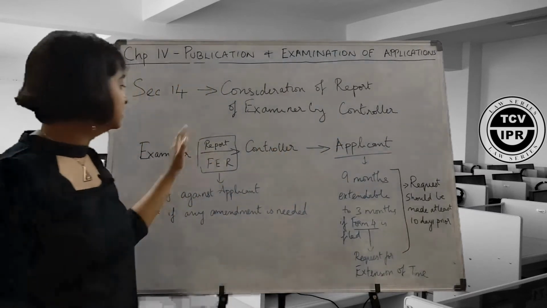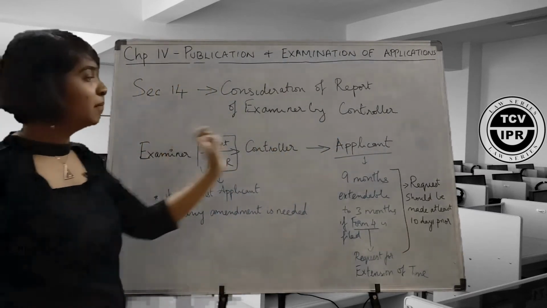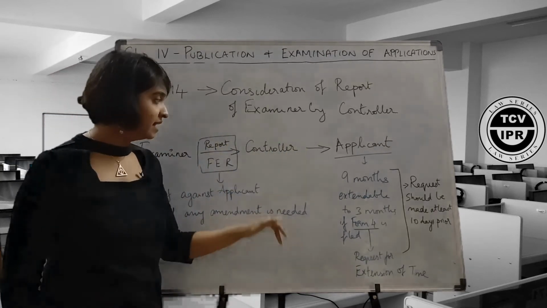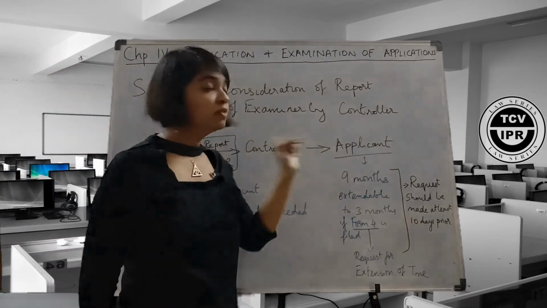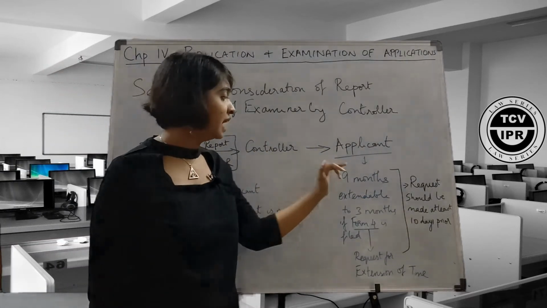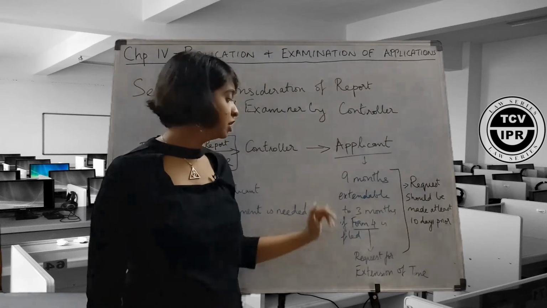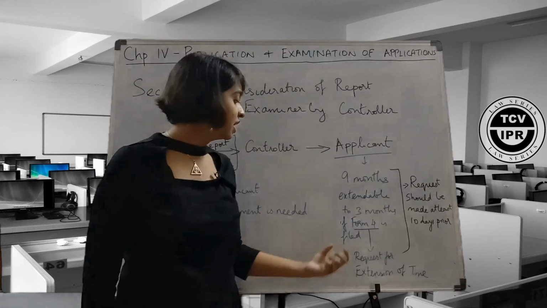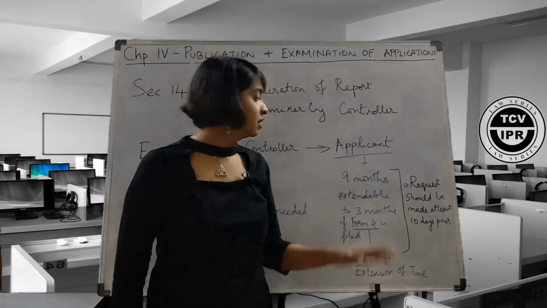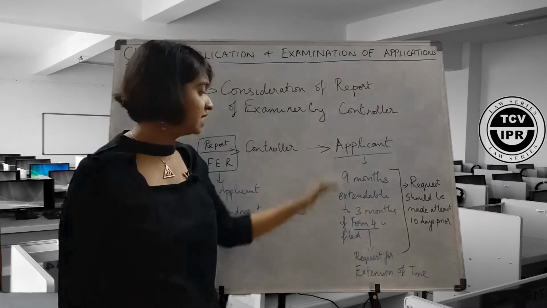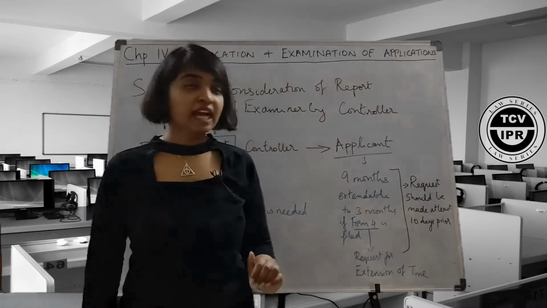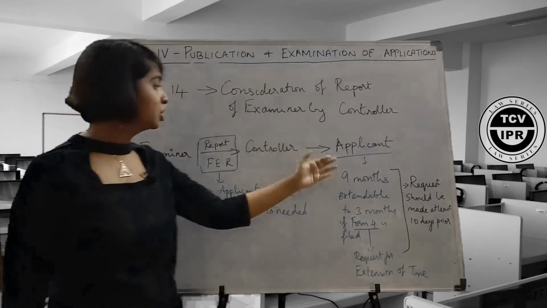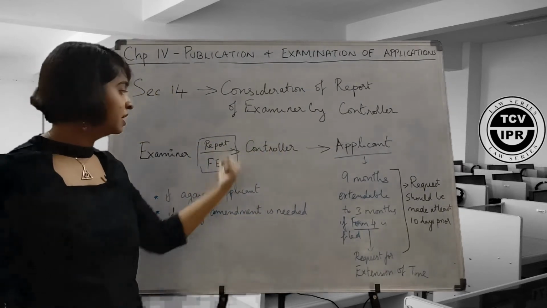Now in case this report is against the applicant, or in case he has to make any amendments, then the applicant will be given a time period of 9 months, extendable by 3 months if Form 4 is filed. Form 4 talks about request for extension of time. So the applicant will be given this time period. Why? So that he can make the amendment or argue against the examination report.